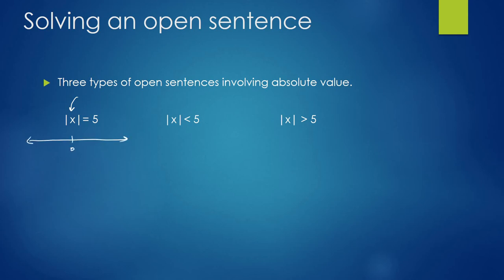If this is the origin, or 0, if I go 5 units to the right and 5 units to the left, these two numbers, negative 5 and 5, are both 5 units from the origin. So the absolute value of negative 5 equals 5, and the absolute value of 5 equals 5. So x can either be 5, the original value, or x can also be negative 5.